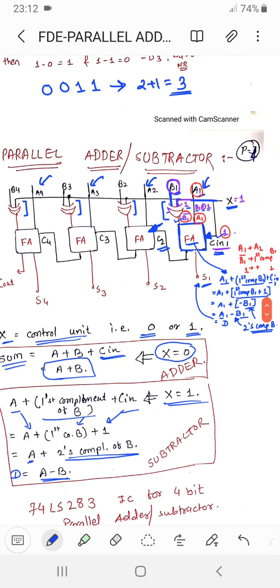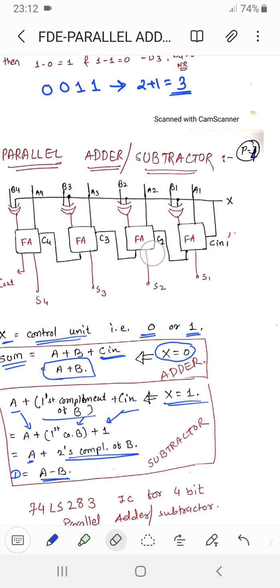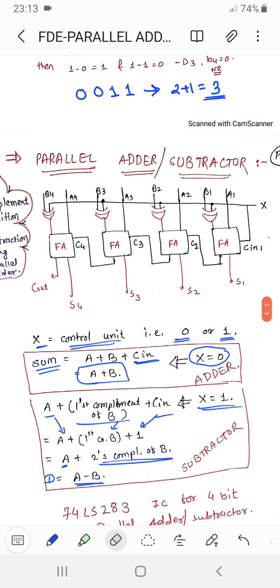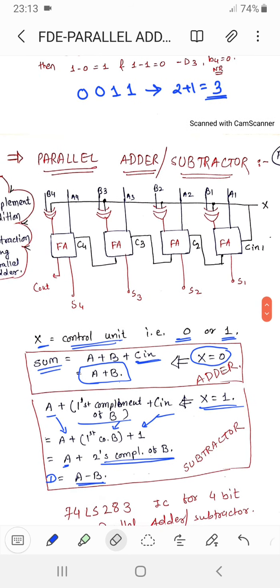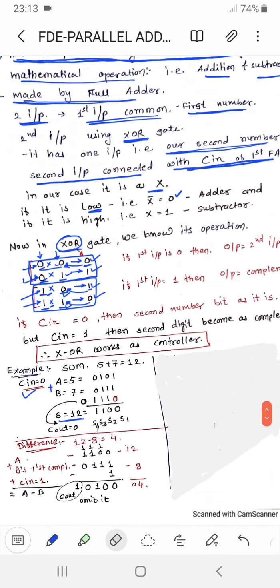directly in this particular figure. We will put all the inputs here and check how it works. Once again, a is 5 and b is 7.